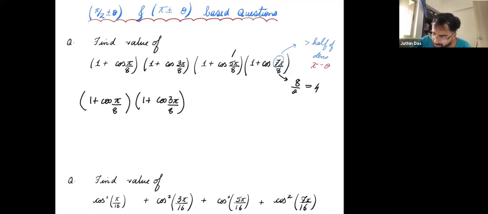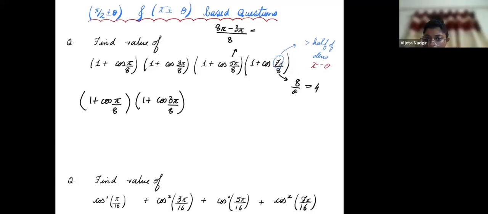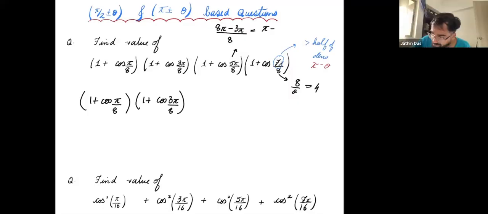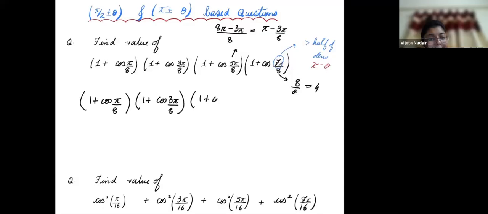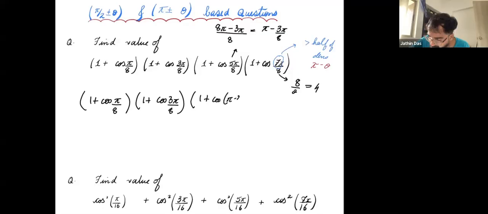Okay. Now 5 pi. Can you think like this? 5 pi is 8 pi minus 3 pi. So pi minus 3 pi by 8. Is this clear? Write 1 minus cos pi minus 3 pi by 8.